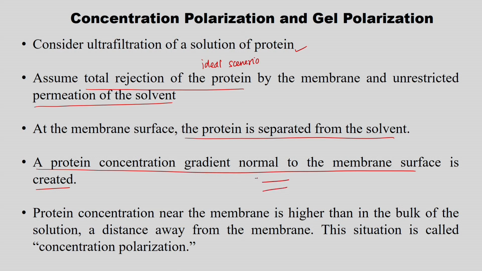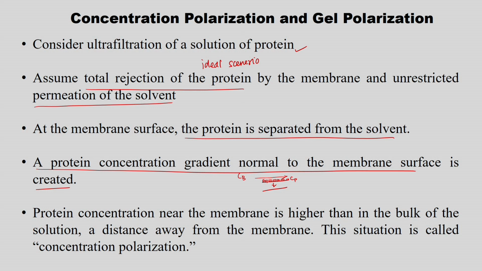So, here my protein as well as the solvent is flowing. The protein gets retained at the membrane surface and the solvent is permeating through. If you see the bulk concentration in the feed, Cb, and the concentration of the protein at the membrane surface, which I will put as Cp, a concentration gradient develops between Cp and Cb.